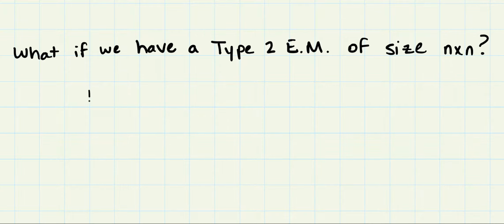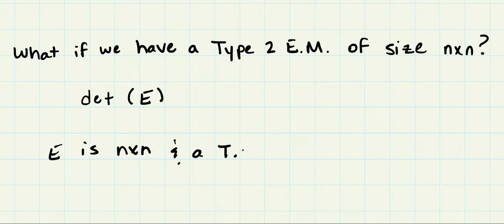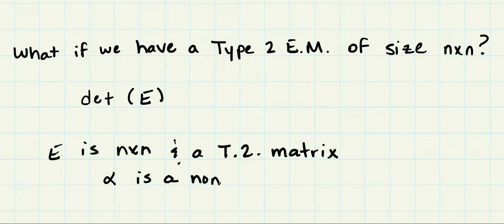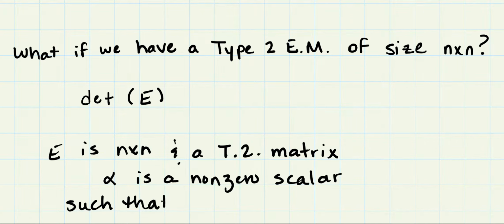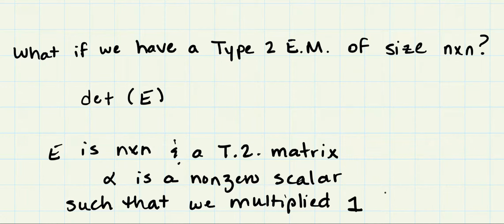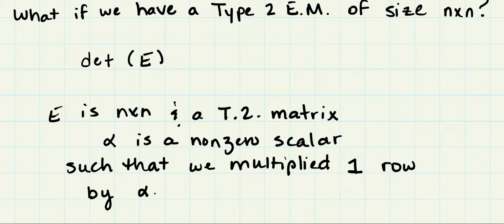The determinant of such a matrix, so the determinant of E, where E is n by n and a type 2 matrix, and alpha is a non-zero scalar, such that we multiplied exactly 1, no more, no less, one row by alpha, then the determinant is going to be alpha.